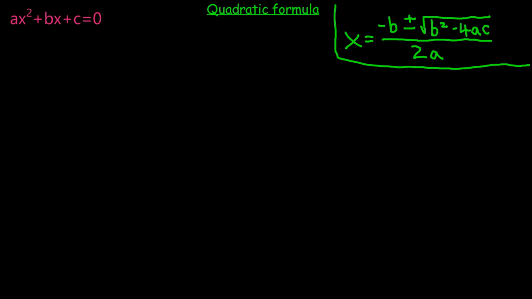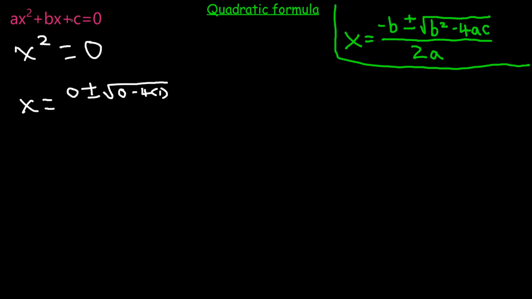Now let's solve a very simple one, for the sake of illustrating a point which you'll see shortly. Let's say x squared is equal to 0. To solve this with the quadratic formula, we say negative b, well that's 0, b is 0, plus or minus the square root of b squared, b is 0 again, minus 4 times a is 1 here, multiplied by c, which is 0, we have no constant term, 0, all divided by 2a, a is 1, so that's just 2.